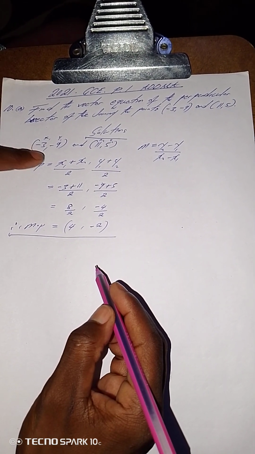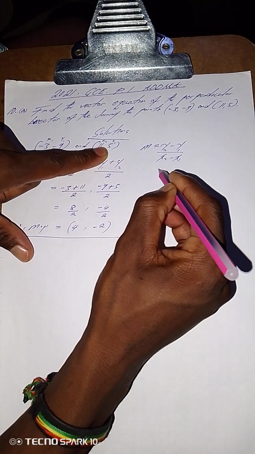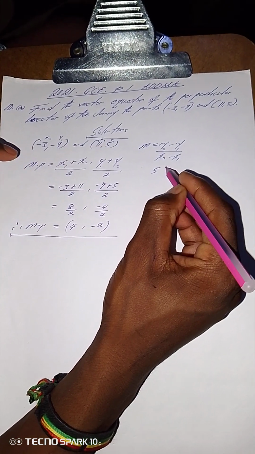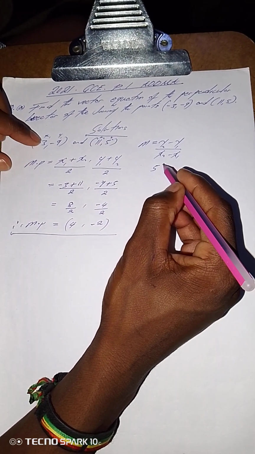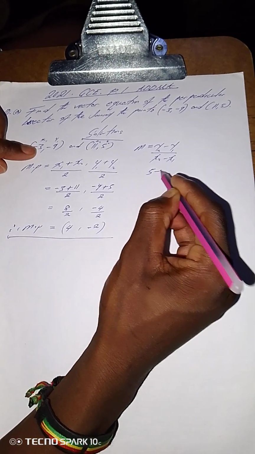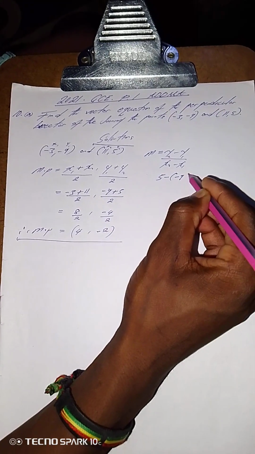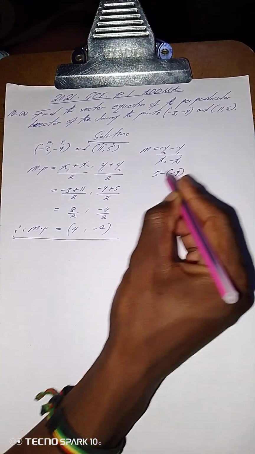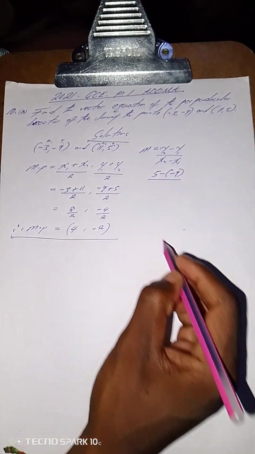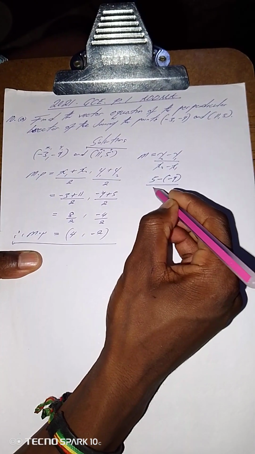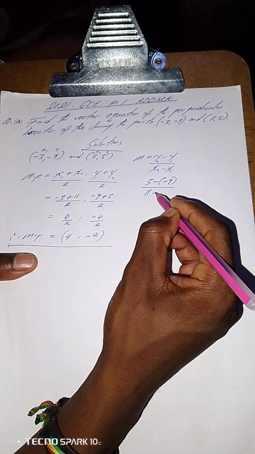So y2 is 5, minus y1 which is -9, over x2 which is 11 minus x1.